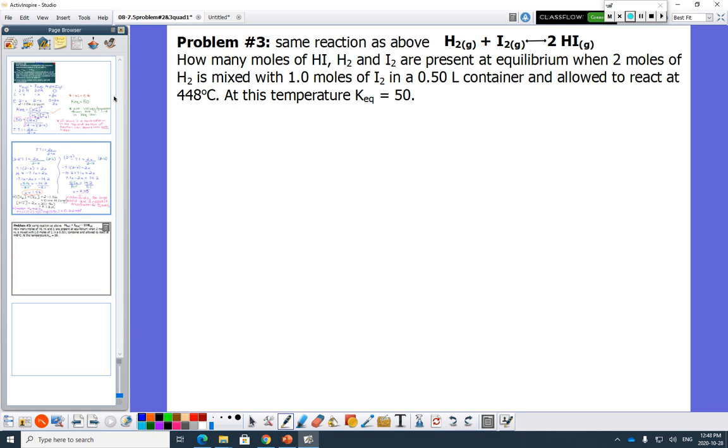But this time it's 2 moles of H2 and 1 mole of I2, so they're not the same. Unfortunately, we're not going to get a squared in the top and a squared in the bottom, so you do have to use the quadratic formula. You can't square root.